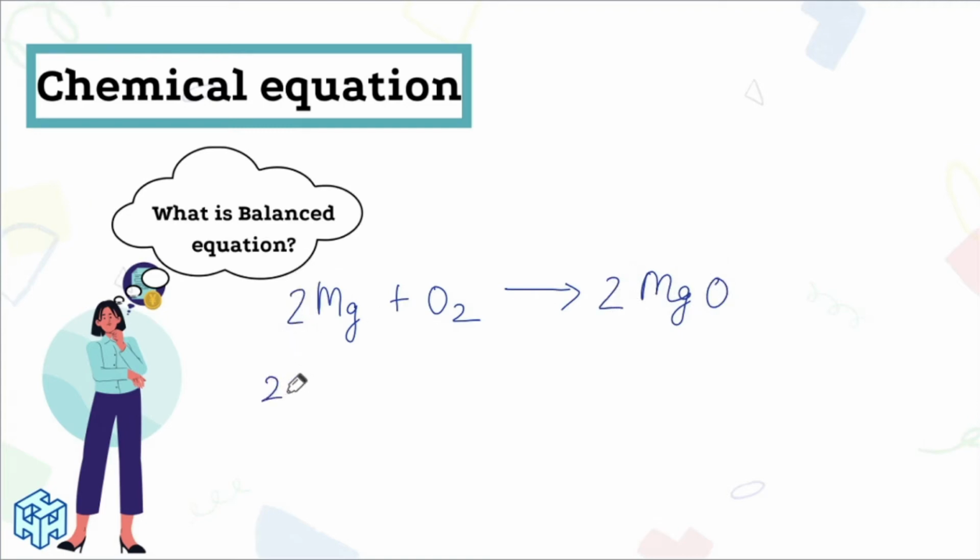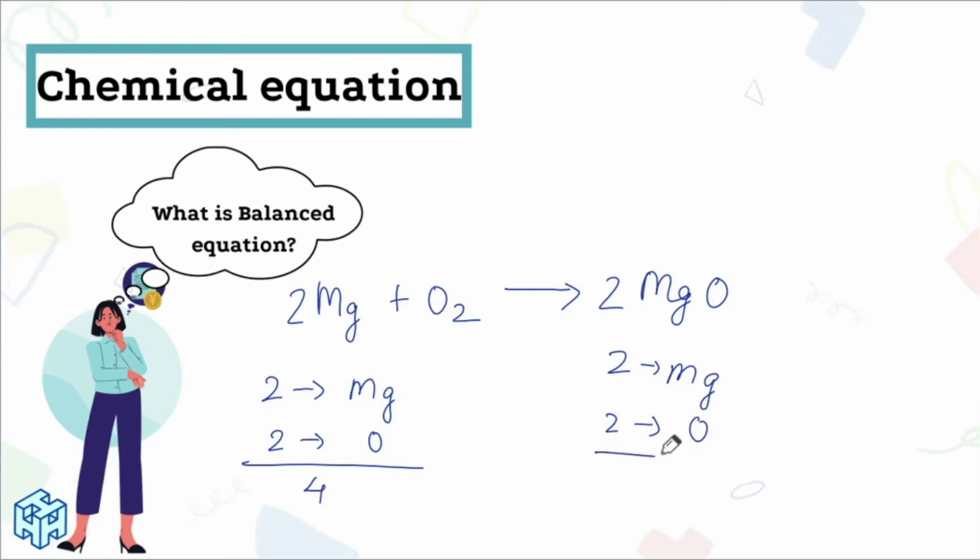Here how many do we have? 2 magnesium and 2 oxygen. Here what do we have? 2, because 2 into Mg, 2 Mg, and 2 into oxygen, 2 oxygen. How many do we have here? 4, sir. Here also 4. Yeah, it's equal. 4 is equal to 4.